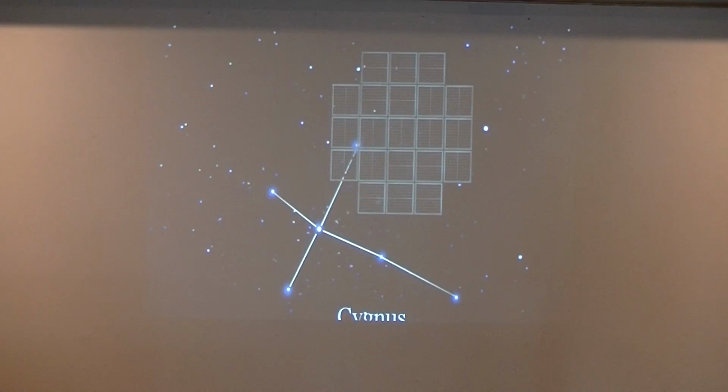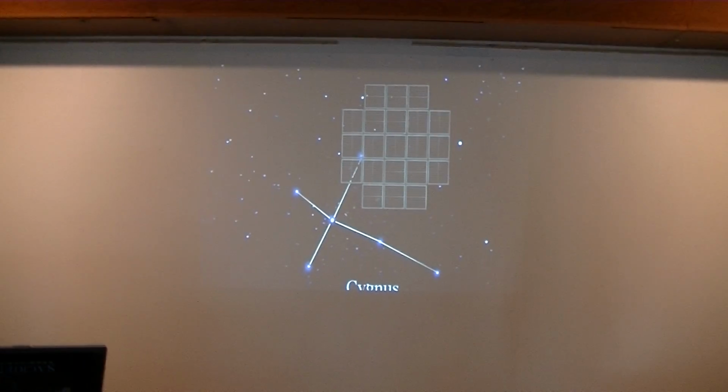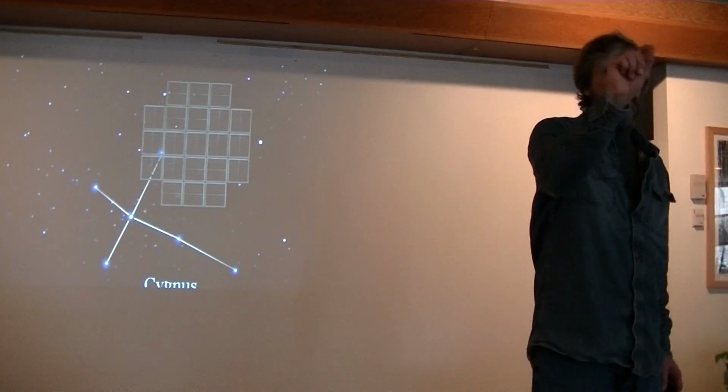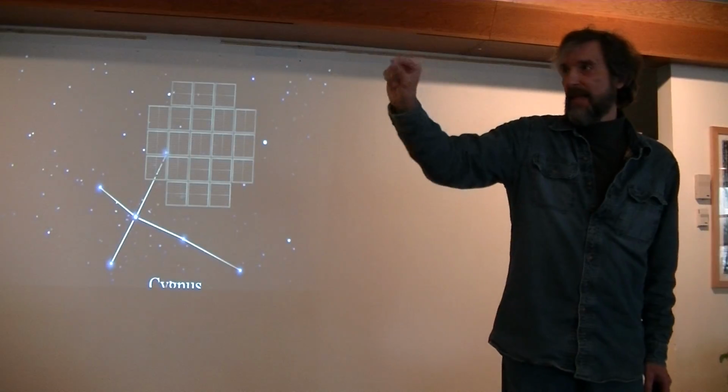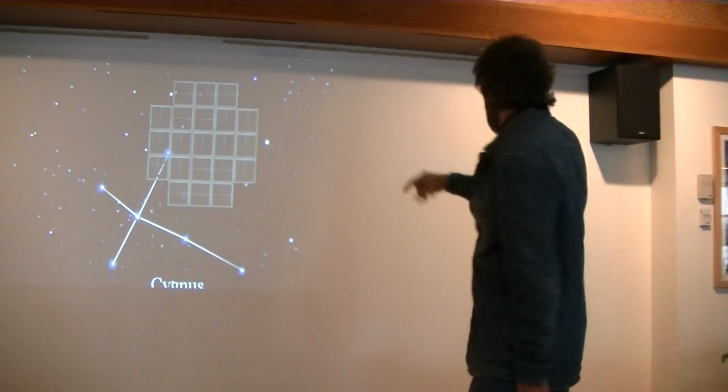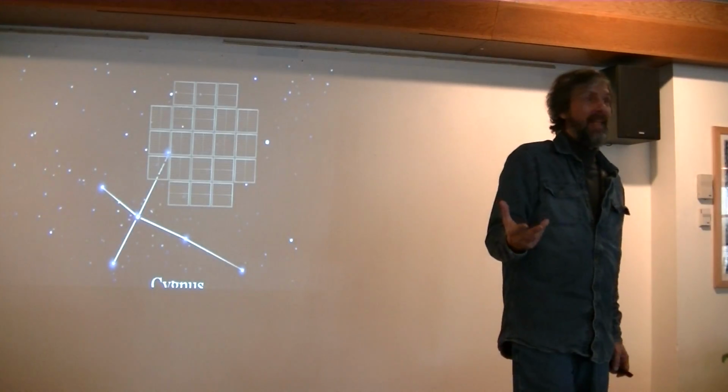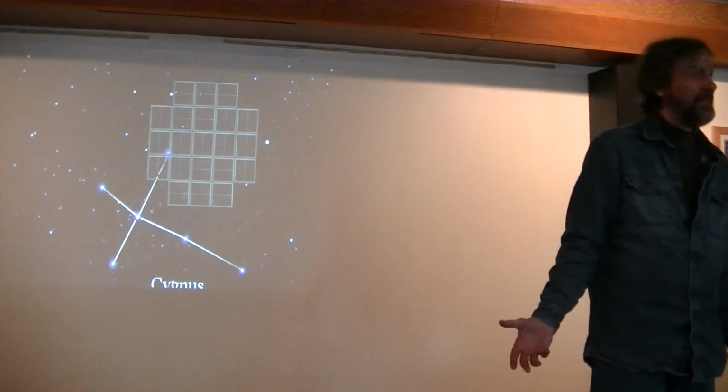And you measure the brightness of every star in that field of view every 3 seconds for 5 years. And then you construct light curves. Here's a star. How bright was it then? For 5 years. And see if anything changes.